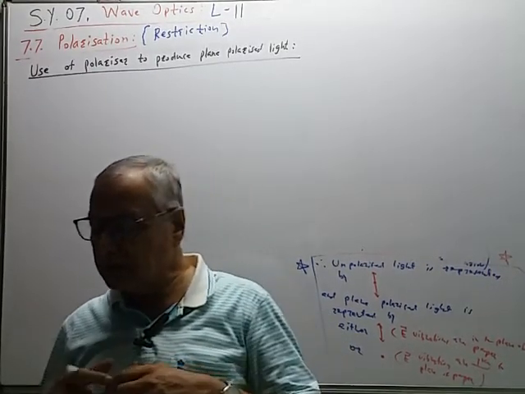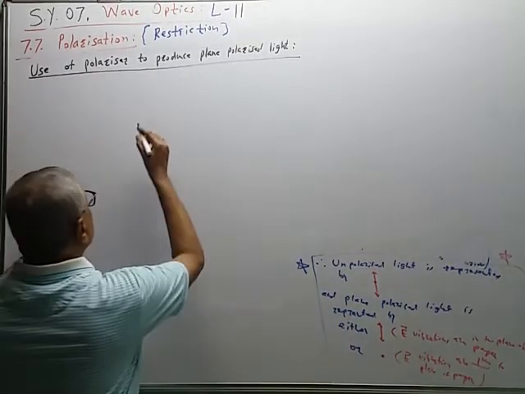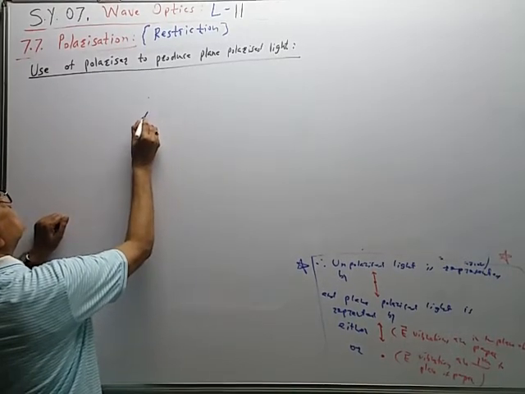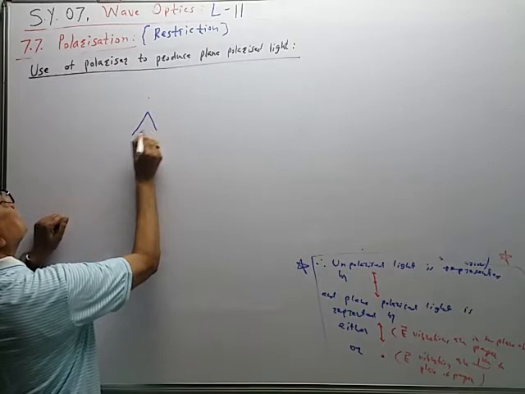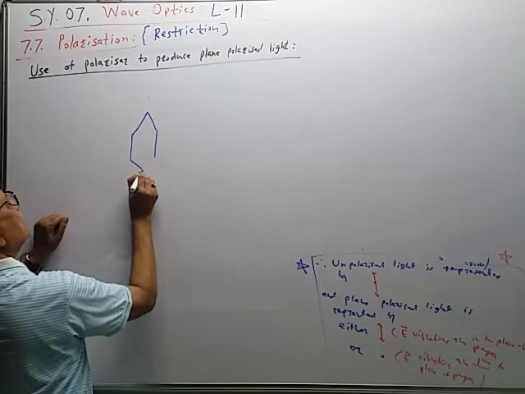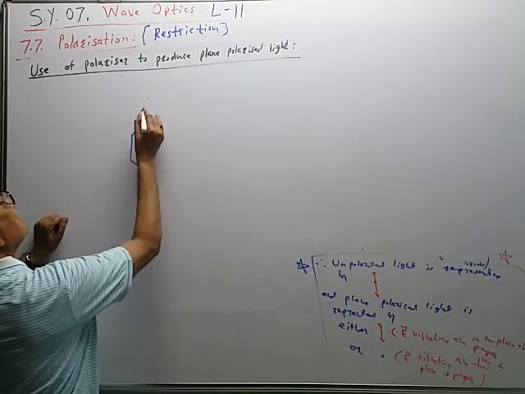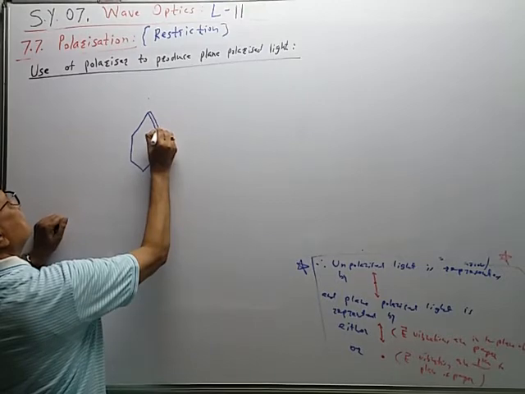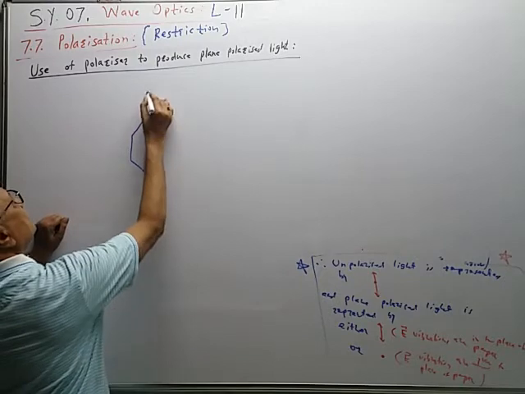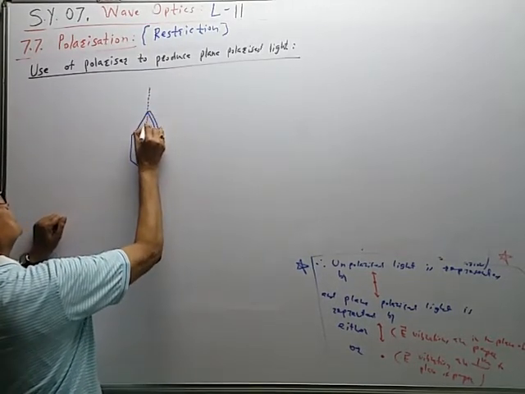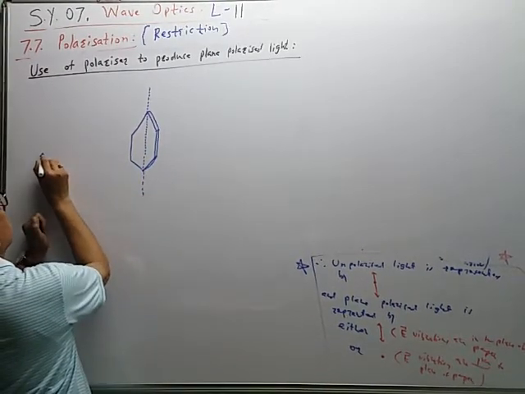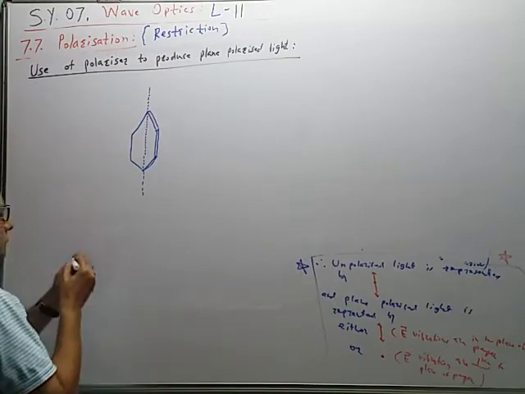So the arrangement is like this. Suppose this is an optically active crystal. It is cut in a particular fashion. Just now I have said that these two are called crowns. This is the thickness of the crystal. This is the optic axis passing through the crowns. This is the direction of light propagation.